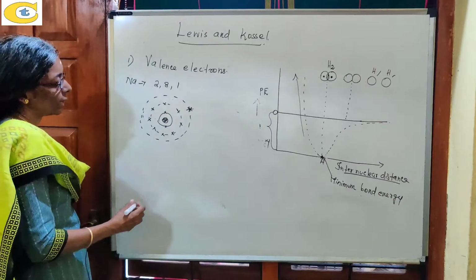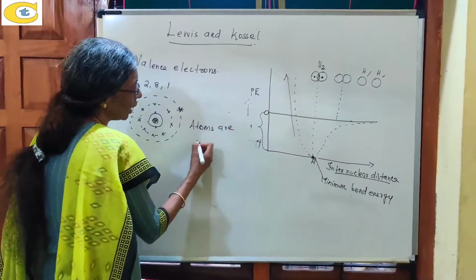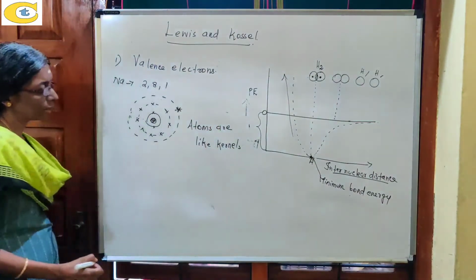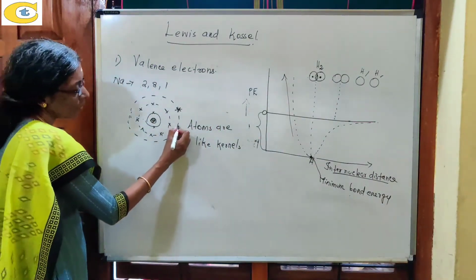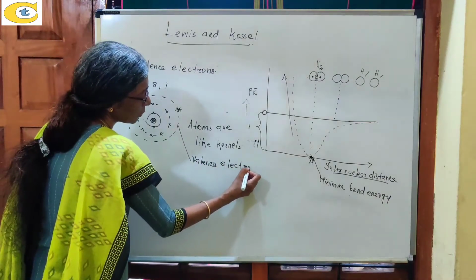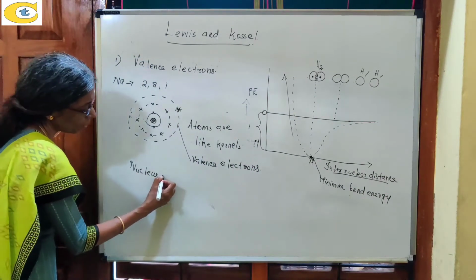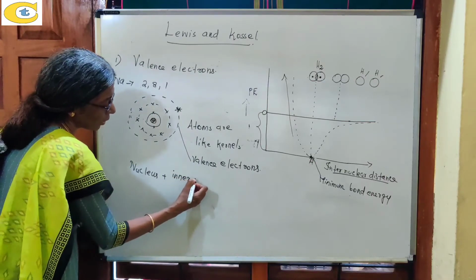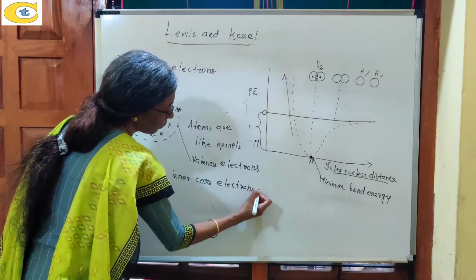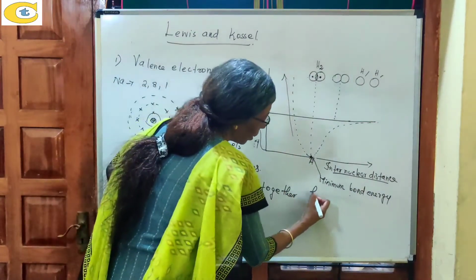They say these atoms are like kernels. This is the valence shell with valence electrons. Nucleus plus inner core electrons together form kernels.